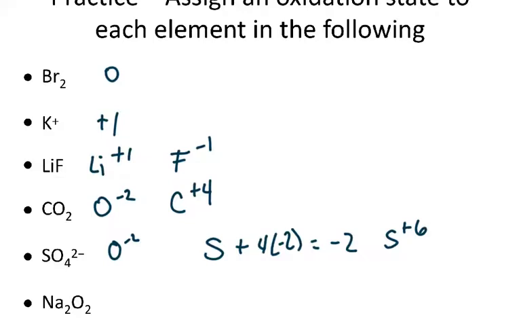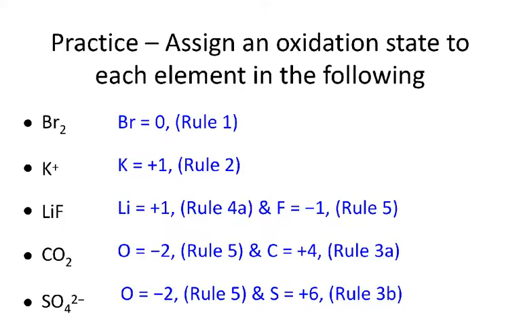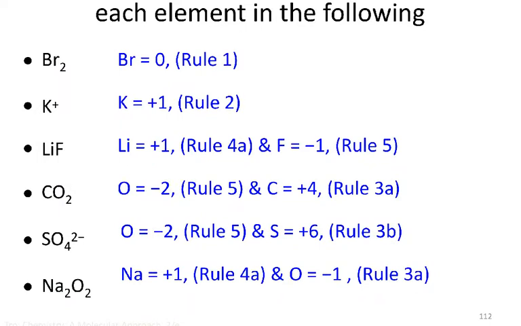And then this one down here is kind of an exception. So our sodium, farther up in the list, is assigned a +1, which means our oxygen, because it has to add up to 0, is assigned a -1 in this case. So there's the answers and the rules that it came from.